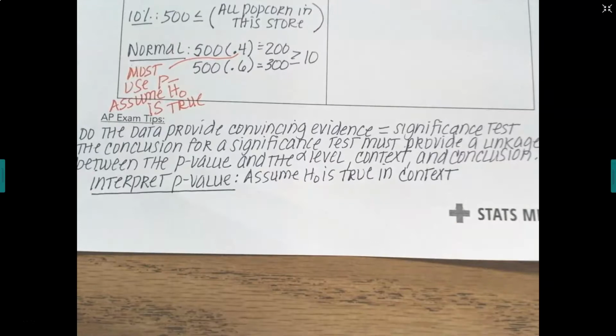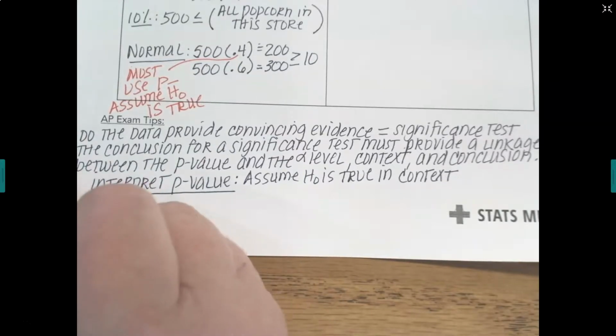Okay, so you're making a statement, assuming the null is true, there's this probability of getting our statistic purely by chance. It's that statement.